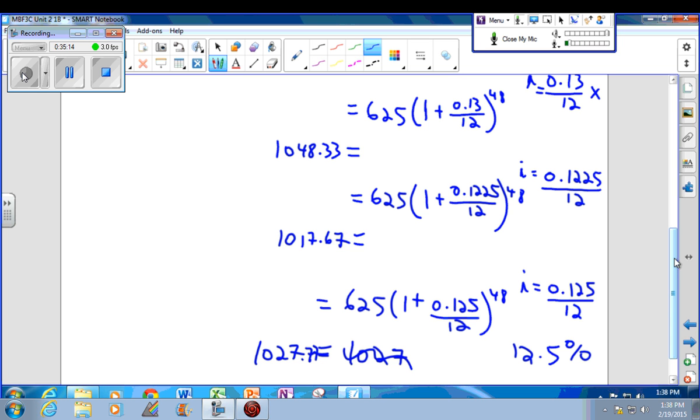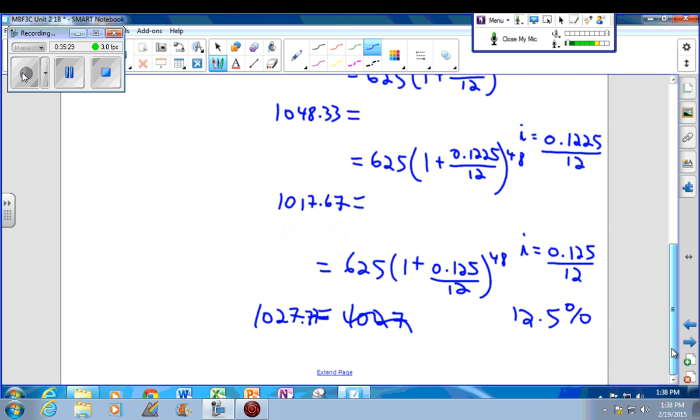So that's how you do it. Looking at the text here on page 17, they actually got a very specific interest rate. There are different ways to get a little closer, but that's as close as I need: 12.5%.